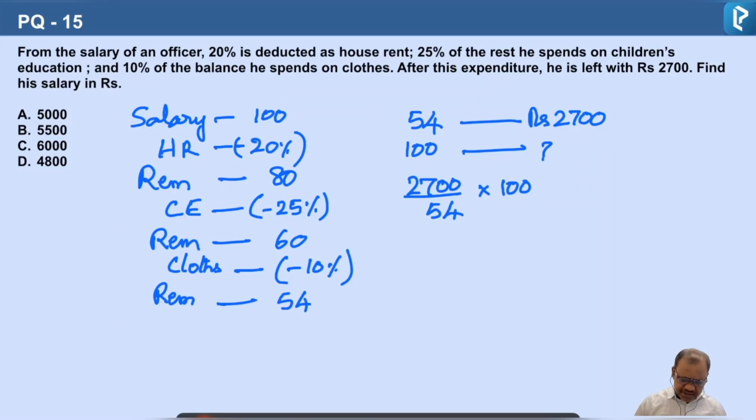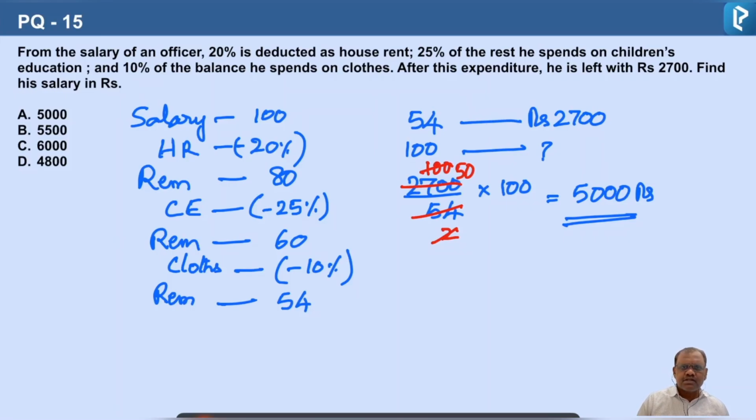So if you simplify this, 54 5s are 270, or 27 2s. 27 1s, 2 1s, 2 50s. So what is left out? 50 into 100. So that is 5000. So 5000 rupees is the income of the person.